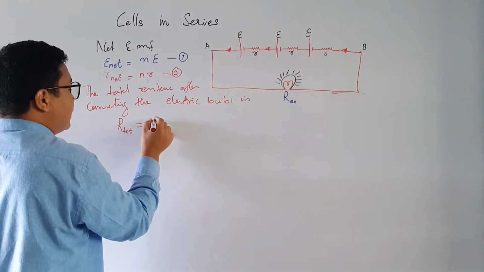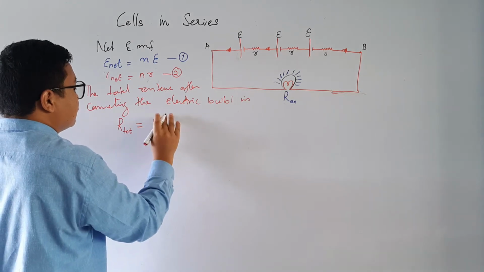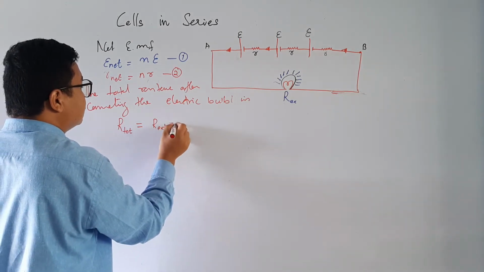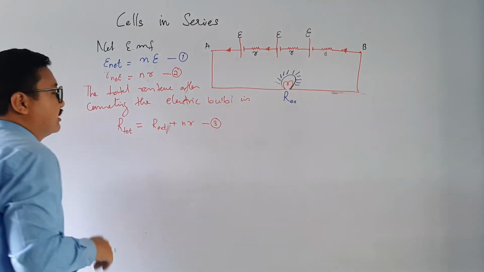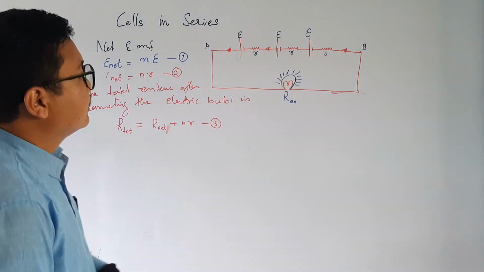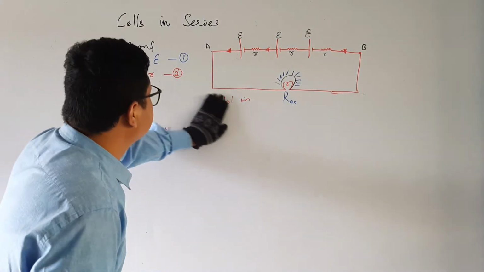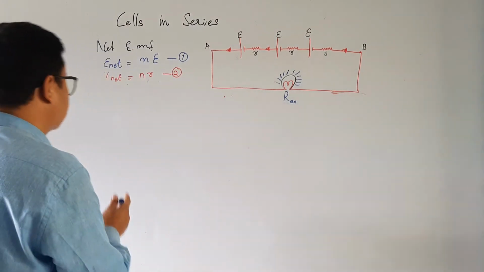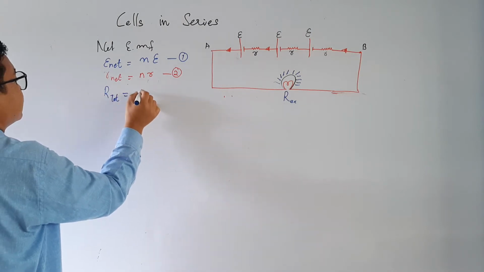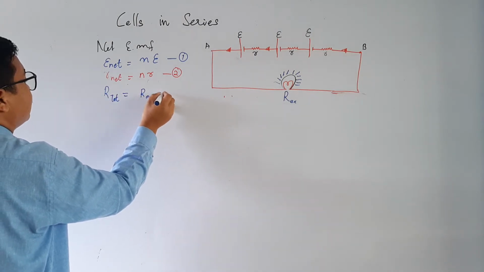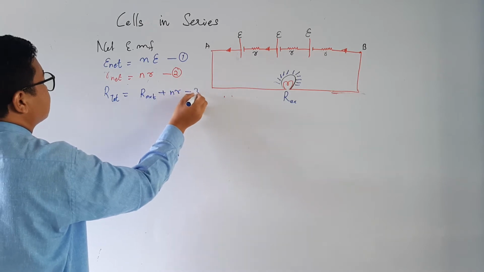So this will be R EXT plus n into r. So this is equation number 3. The total resistance in this system has now changed into this one. So R total is equal to R EXT plus nr.